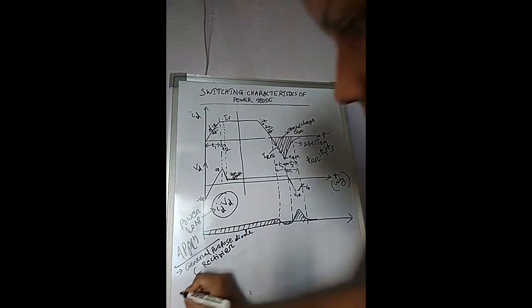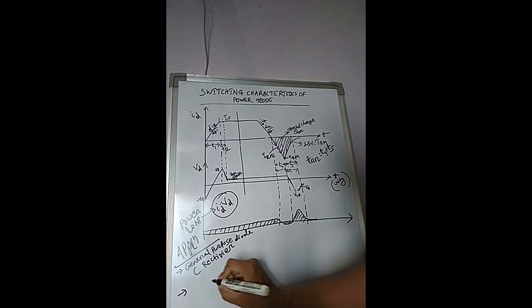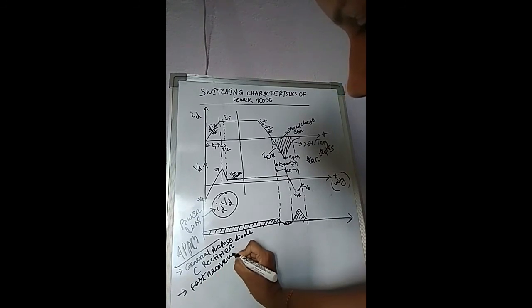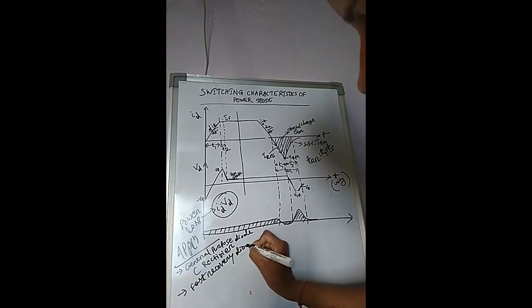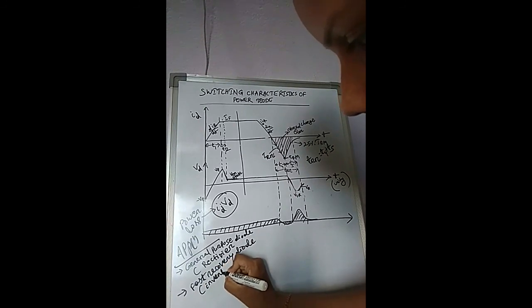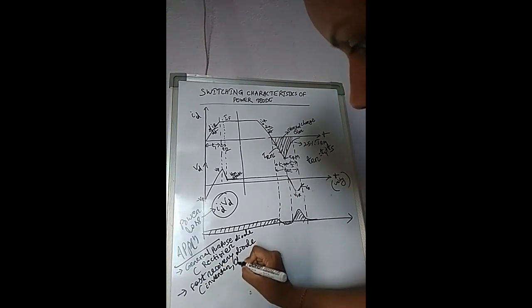Then the second one is the fast recovery diode, which is mainly used in inverter and chopper applications.